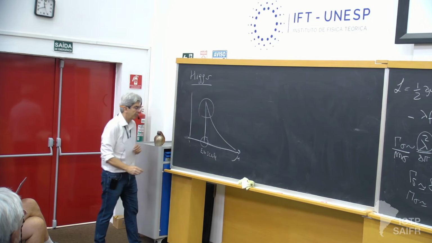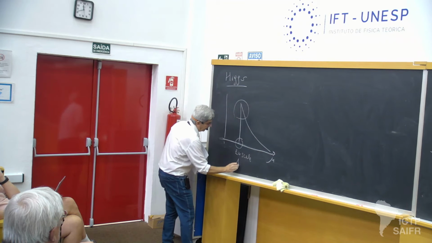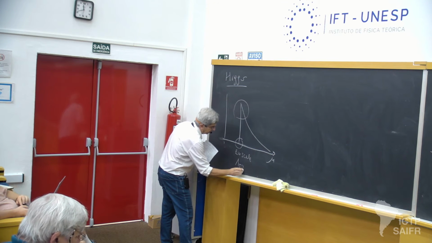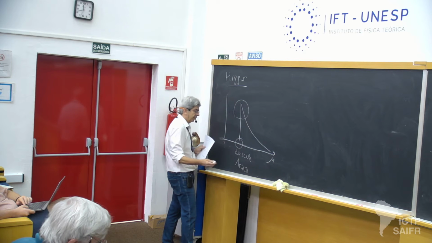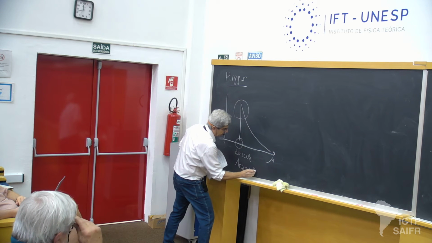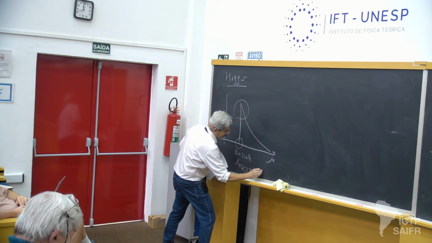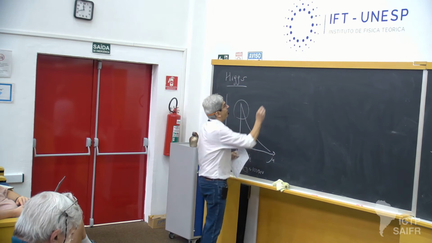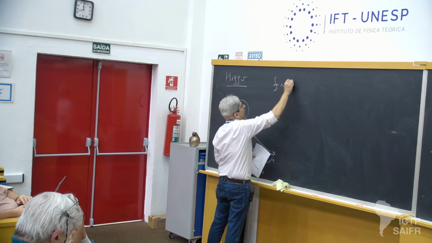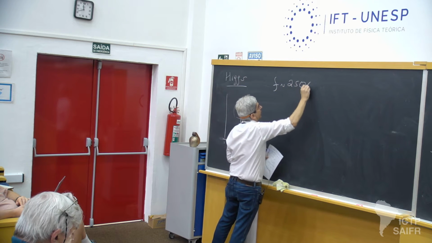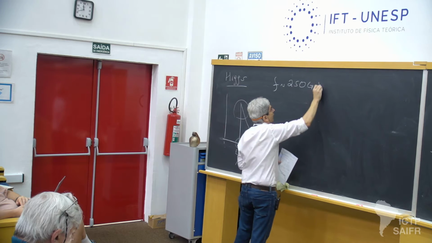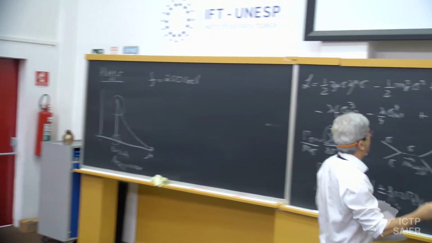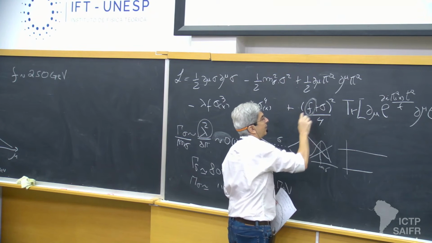So this is lambda, not QCD, but techni-QCD, right? And should be hundreds of GeVs, not MeVs, right? F in this theory should be 250 GeV, the vacuum expectation value of the Higgs, which here is the vacuum expectation value of the sigma.